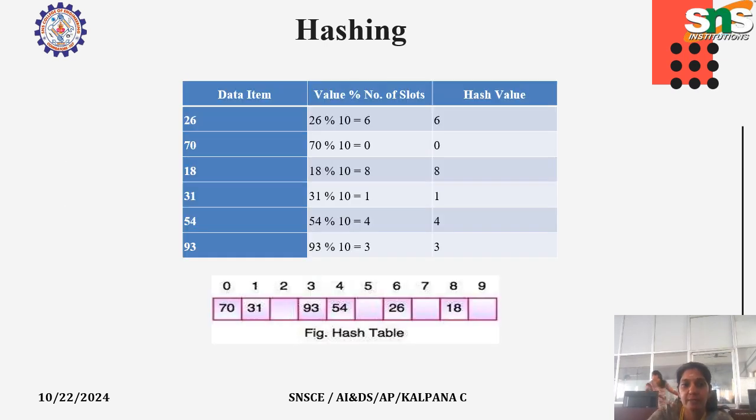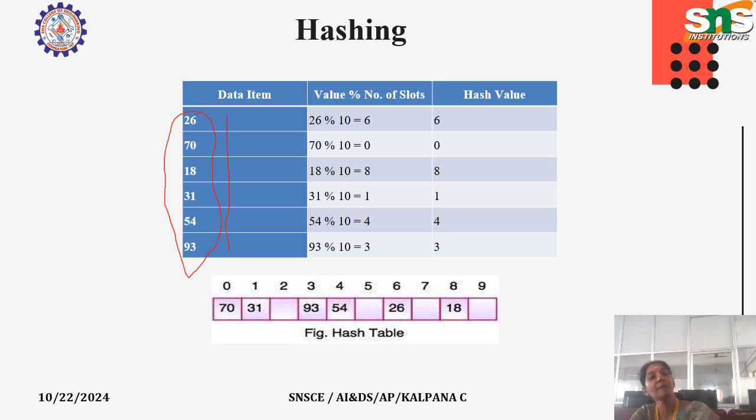Next is an example of hashing. These are the data items we have, and we are going to insert them into a hash table: 26, 70, 18, 31, 54, 93.